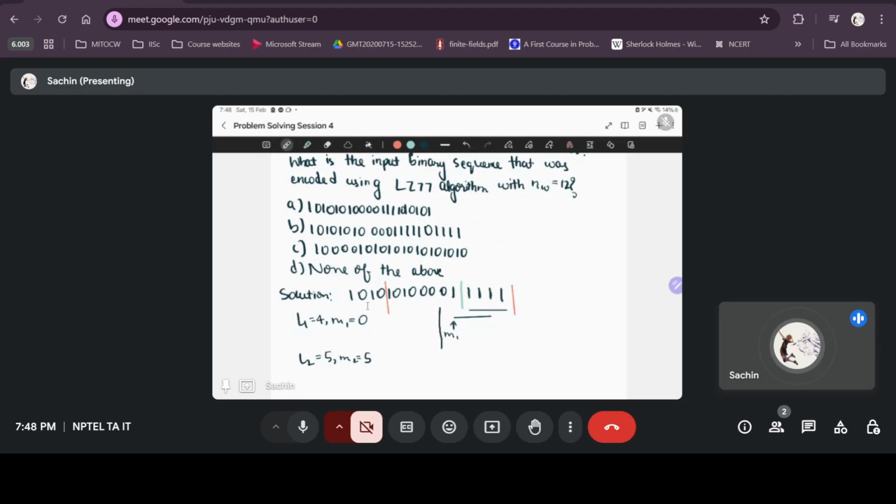So the starting position is this, M2, and your source sequence matches with 5 bits starting from there. So it's 0 1 1 1 1, which is 0 1 1 1 1. That matches with.